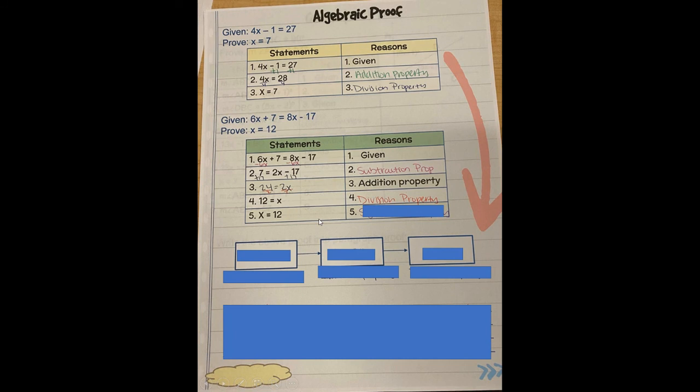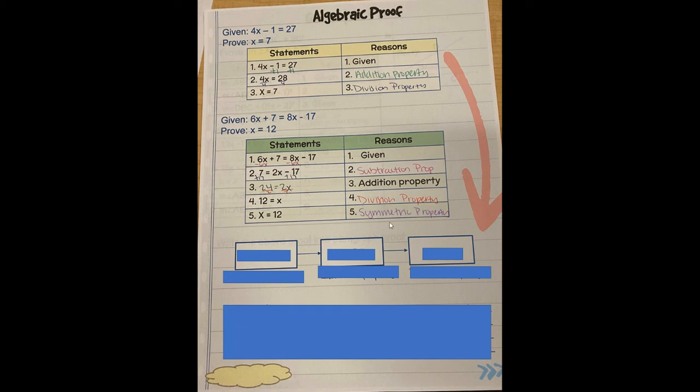On our proofs, we aren't going to leave it at step 4, where it says 12 equals x, because what did it ask us to prove? X equals 12. We want that last step to be whatever we're trying to prove, which is x equals 12. When I switch them on each side, that's our symmetric property.